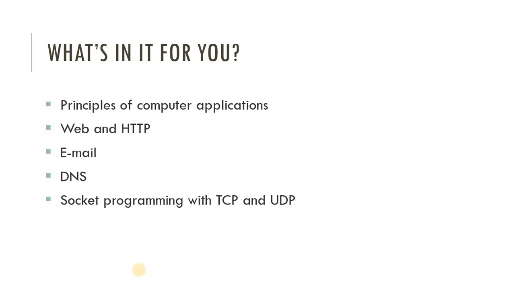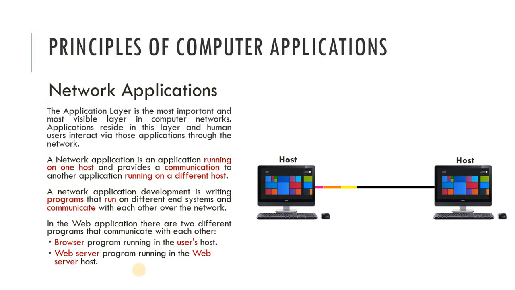So these are the concepts that we are going to learn in this chapter. Let's start with the first topic, which is the principles of computer applications. First, let's understand what are the network applications of the application layer, or what are the applications that lie in the application layer. The application layer is the most important and the most visible layer in the computer network. As we know, all the communication happens via the application layer.